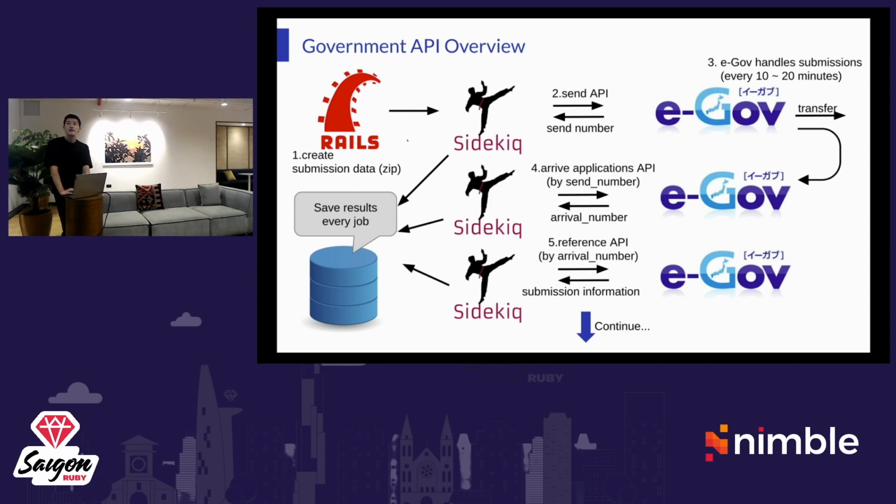Then Sidekiq calls the Send API. Then eGov returns a send number. For the next step, eGov handles submissions every 10 to 20 minutes. After that, eGov transfers the submission data to several institutions.